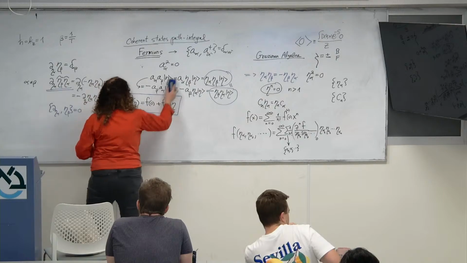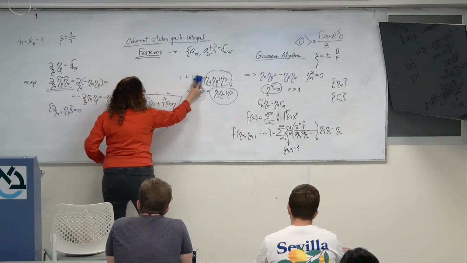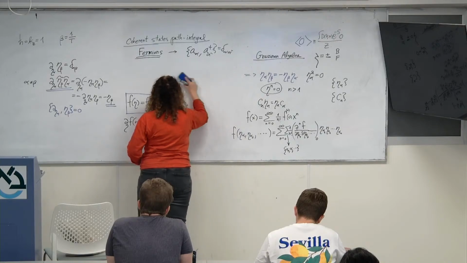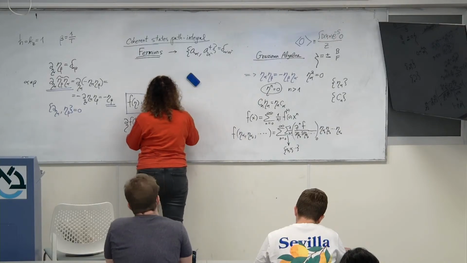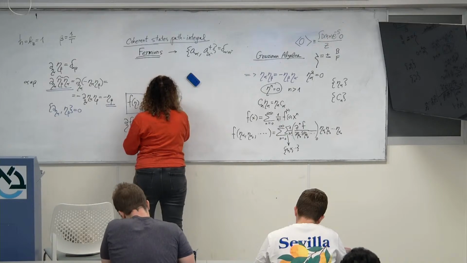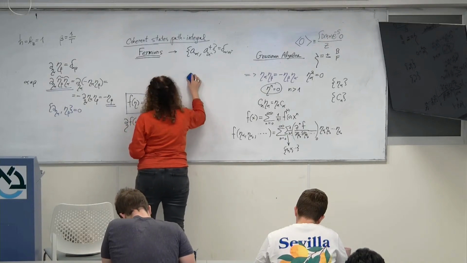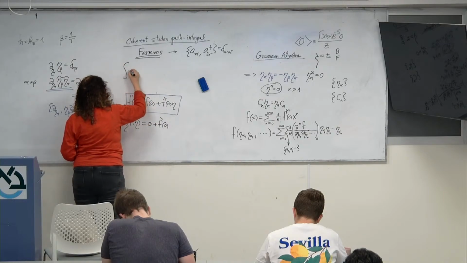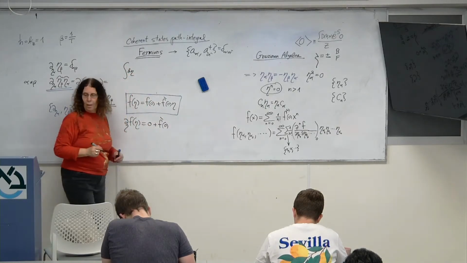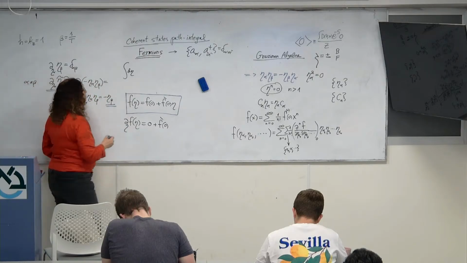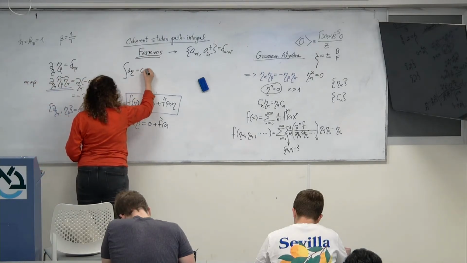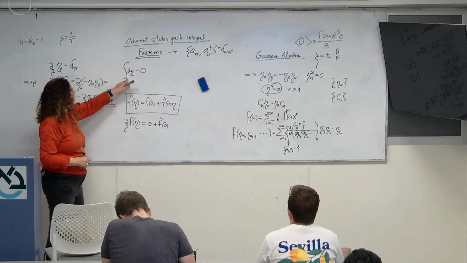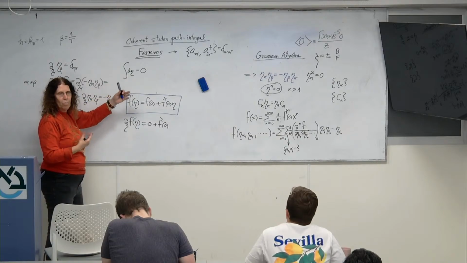Let me write it here. So, integration over eta gives you 0, and you notice that I'm not writing limits because there's no meaning to it.